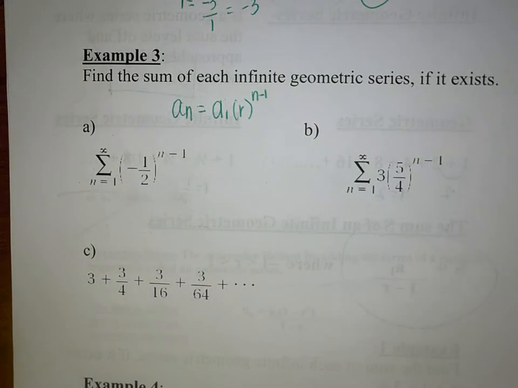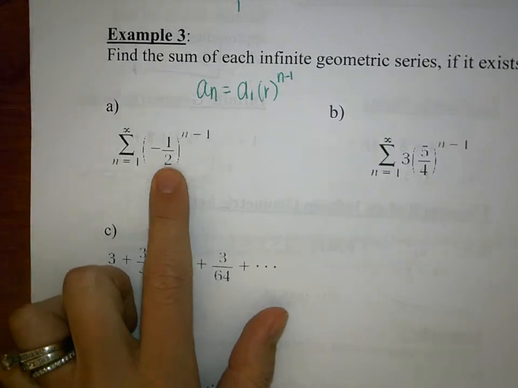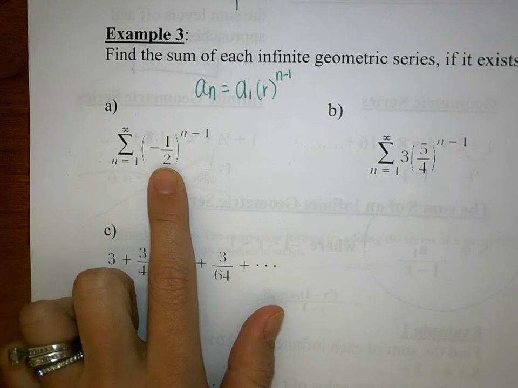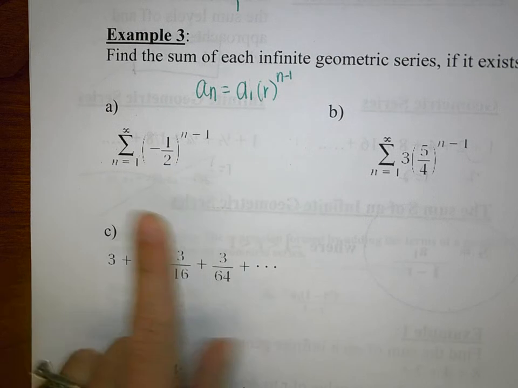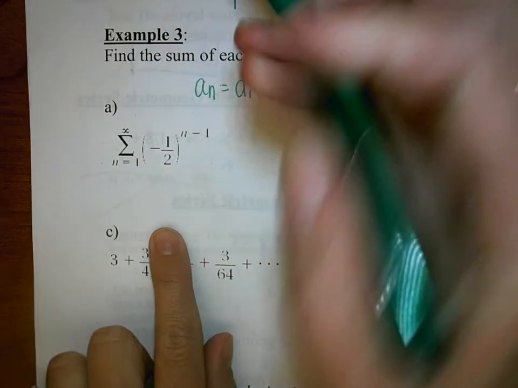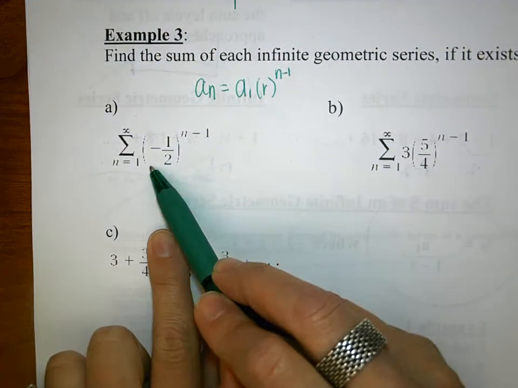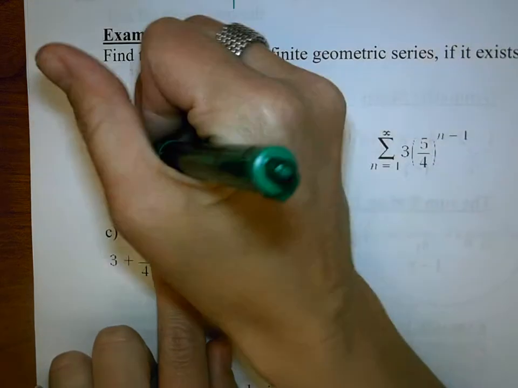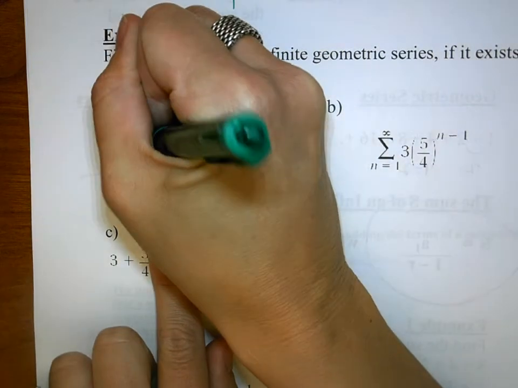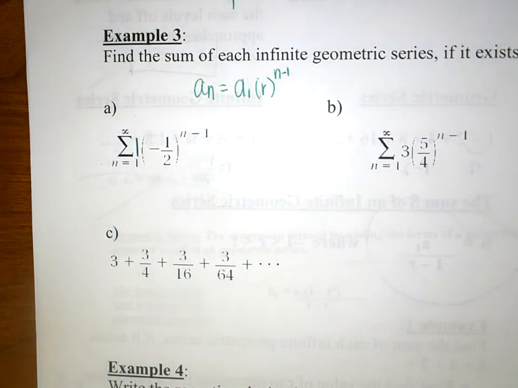So we don't have to do very much work on some of these. If I look here at my ratio, will my sum exist? Yes, it will, right? Because see how this is where the n minus 1 is? The n minus 1 is always connected to the r. If there isn't another number there, my first term then has to be what? 1. Okay?